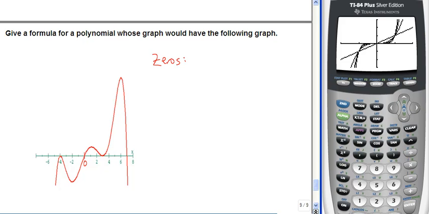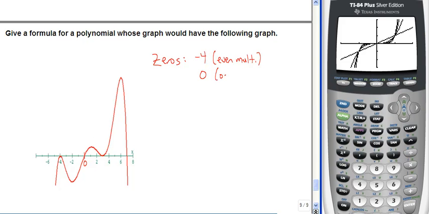We know that we have a 0 here at -4, and because it bounces off at -4, we're going to have an even multiplicity. Then the graph goes down for a little ways, and then it hits 0. So we've got an intercept at 0, and this one passed through from negative to positive.